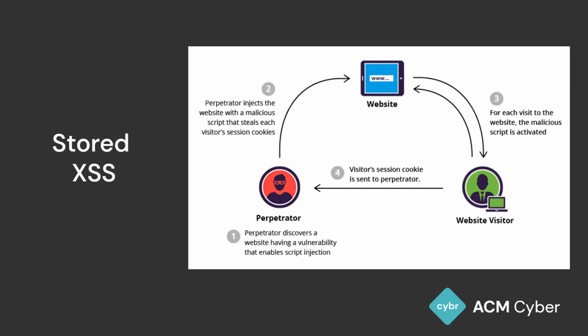Before with reflected, it's targeting one individual. With stored, it's whoever visits that web application that has a stored XSS in its backend database. Whoever visits that website will have that malicious code activated in their browser. That's how stored XSS is illustrated.